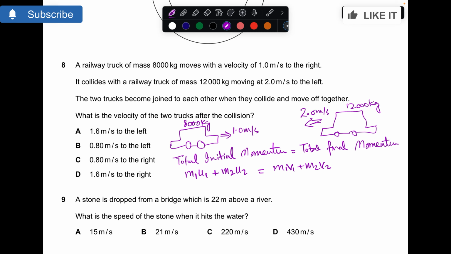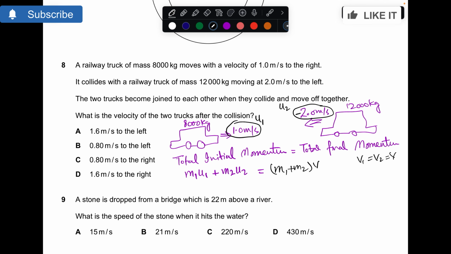As velocity is a vector quantity, if we take this velocity u1 as positive, then u2 will be taken as negative because they are in opposite directions. And we know v1 and v2 are the same, so you can simply call them v. So this will change into m1 u1 plus m2 u2 equals m1 plus m2 multiplied by v, where v is taken as common.